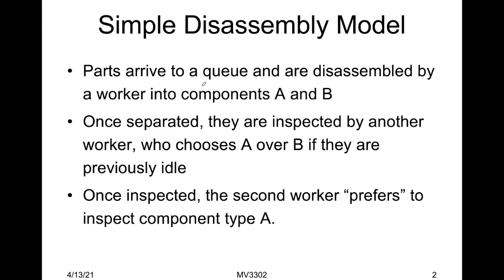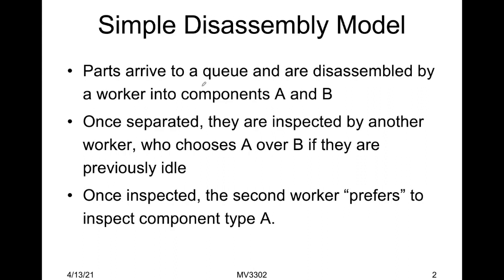So if an inspector is in a situation where all of a sudden a part gets disassembled into its two components A and B, now the model needs to be explicit about what happens. If there's only one worker available, there are now two tasks to perform, and they both arrived at exactly the same time.